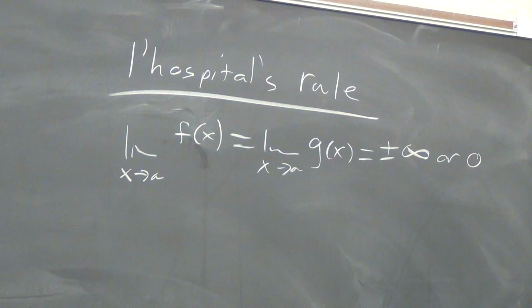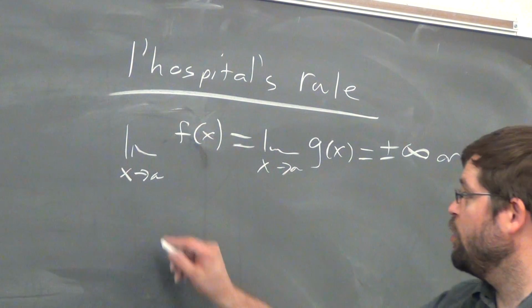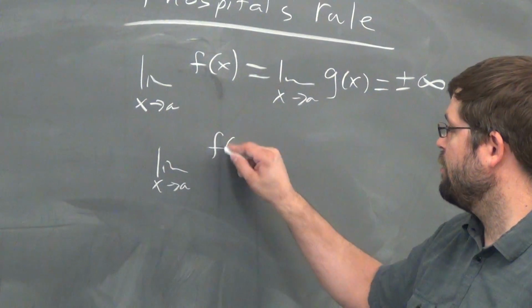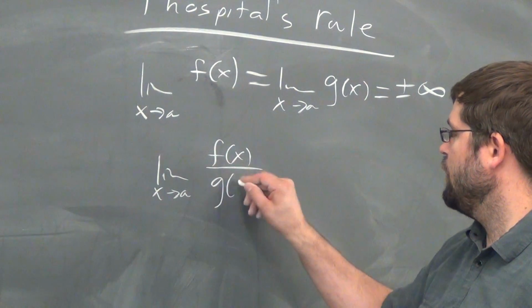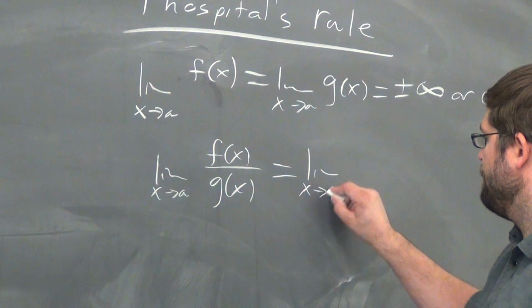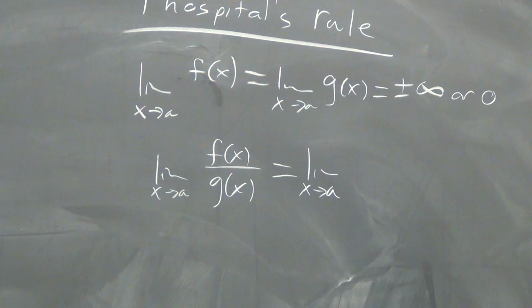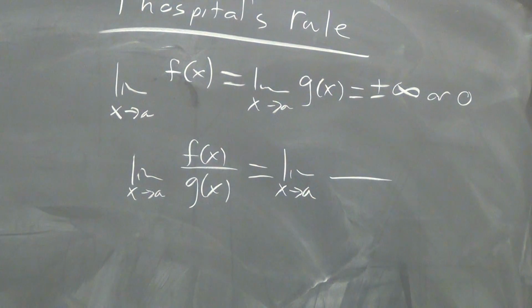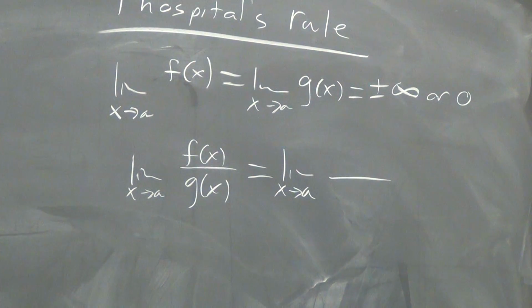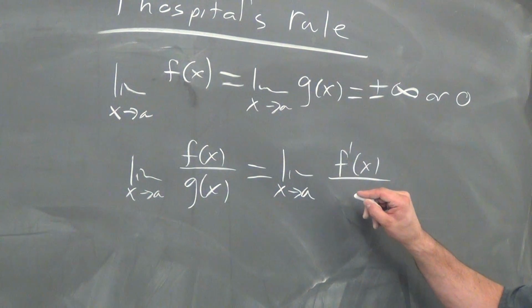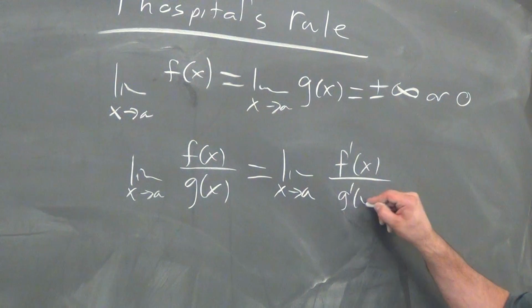If you have 2 infinite limits or 2 limits of 0, then the limit of their fraction f over g can be evaluated by doing what? Derivatives of the top and the bottom.